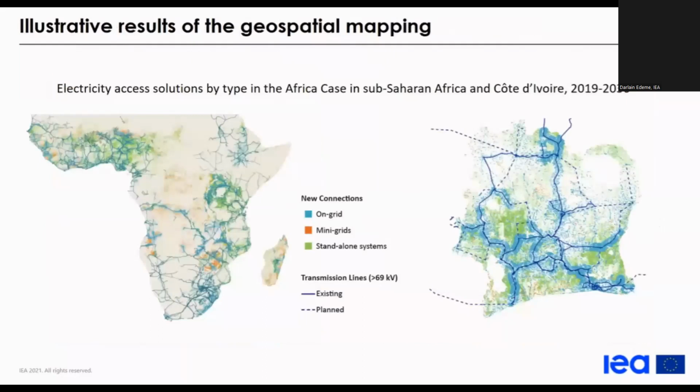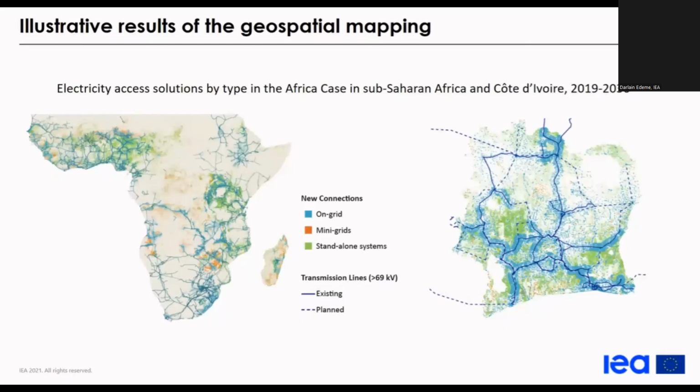So we estimate at the IEA that to reach universal access to electricity, we need to rely on all those solutions: grid extension as well as grid densification, but also mini grid and standalone systems.